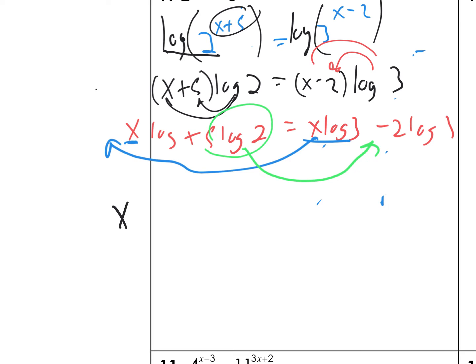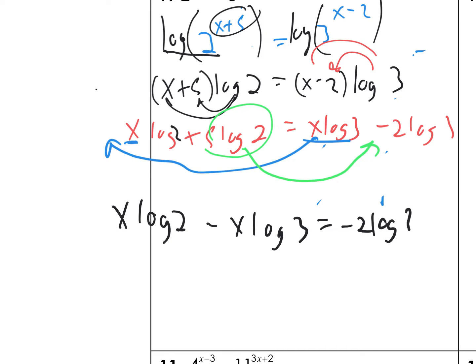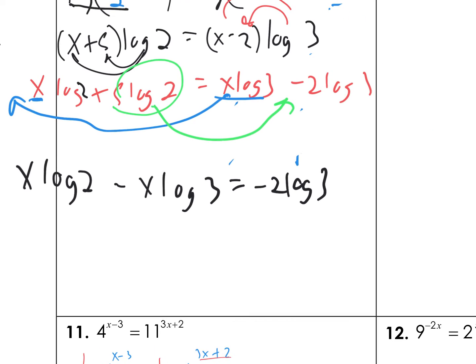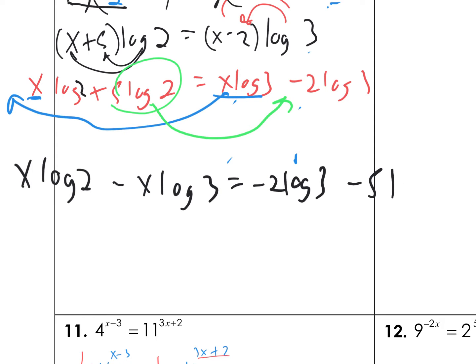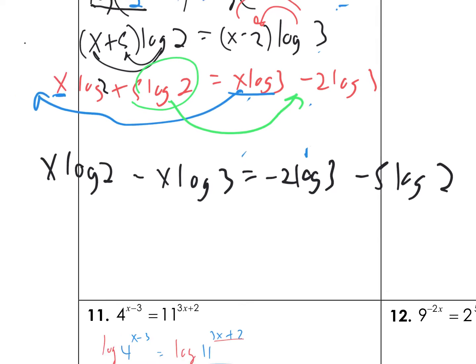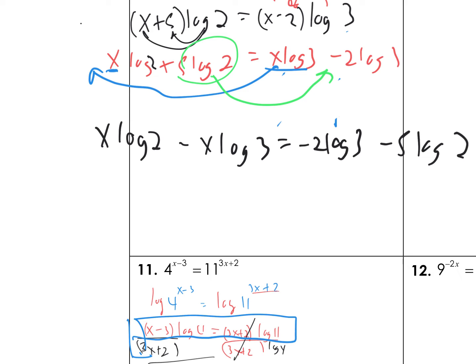So I keep the x log of, what was that? Log of 2. I forgot to put the 2. x log of 2. Then I got to move this over so it becomes minus x log of 3. Do you agree? Equals, I already have the negative 2 log of 3, so negative 2 log of 3. But now I got to move the 5 log of 2 over, so it becomes negative 5 log of 2.